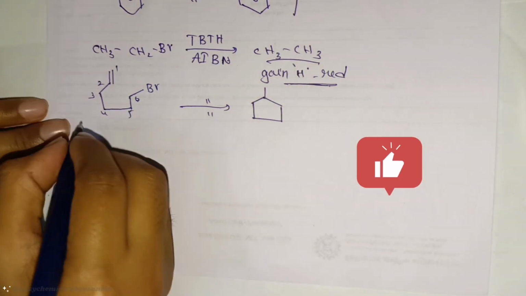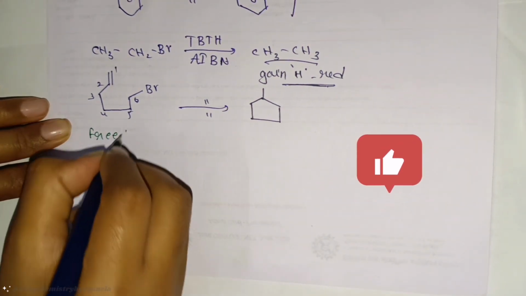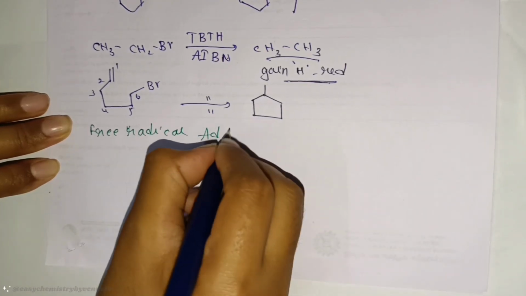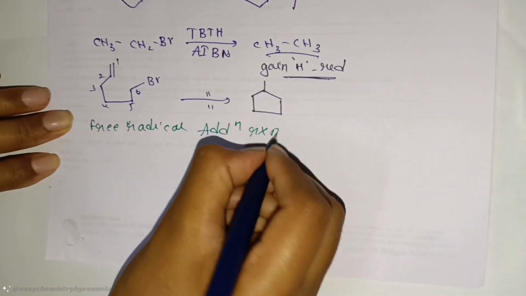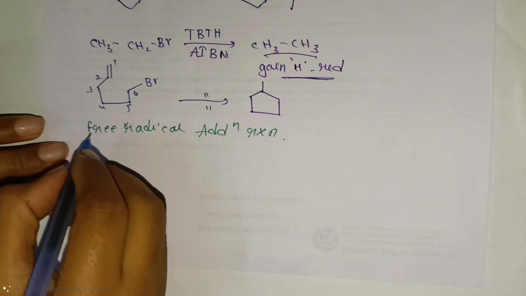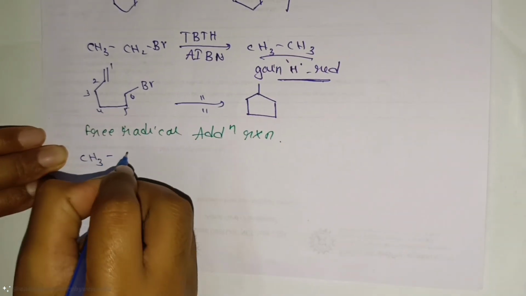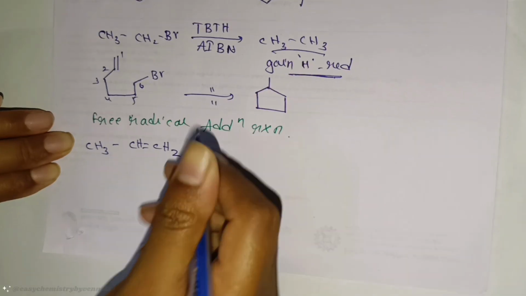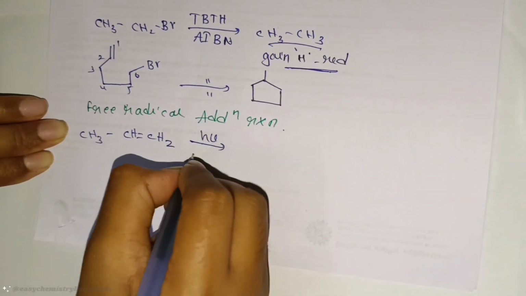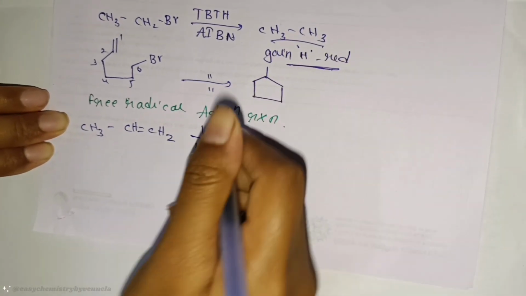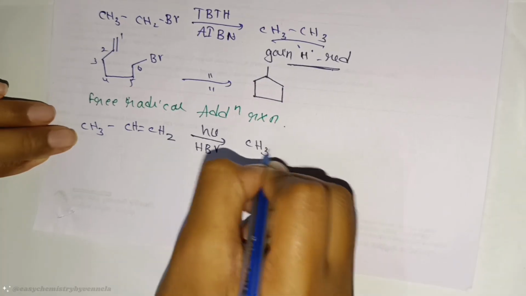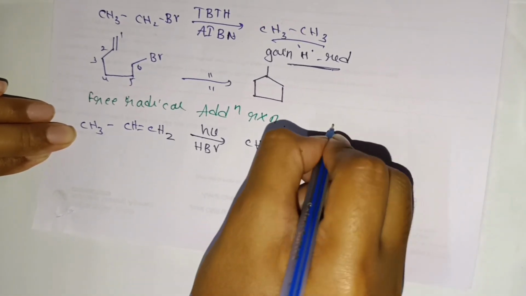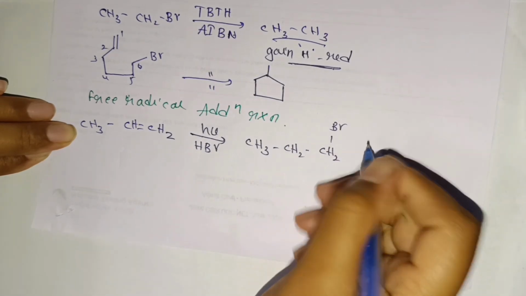Finally, free radical addition reaction. CH3CH double bond CH2. This is an olefin. In presence of h nu and HBr, how does it form? CH3 CH2 CHBr.